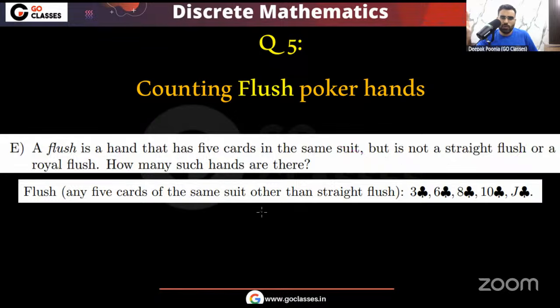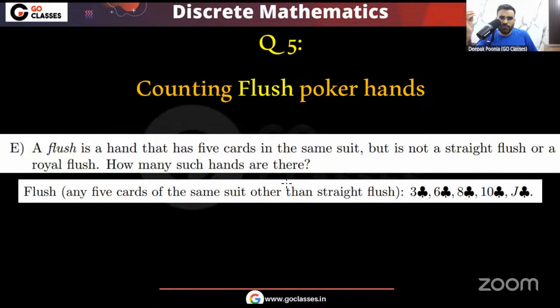Okay, the simple point is that you must have five cards in the same suit, but we are not saying that you must have five consecutive values. The values must not be consecutive. That is the simple point. So a flush is five cards in the same suit.